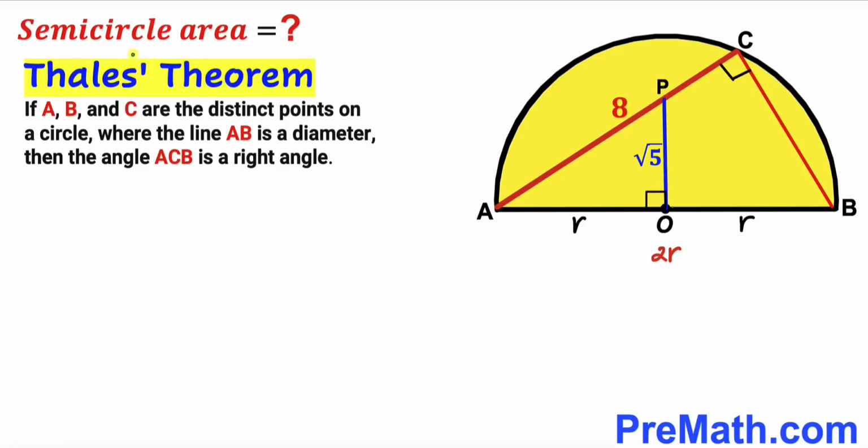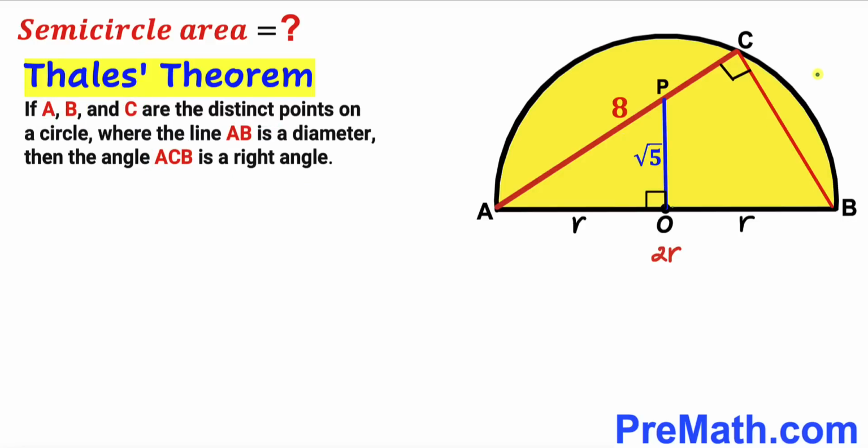And now let's recall the Thales theorem. According to this theorem, if we have A, B and C, 3 distinct points on the circle where the line AB is the diameter, then the angle ACB is going to be a right angle. In other words, it's going to be a 90-degree angle.